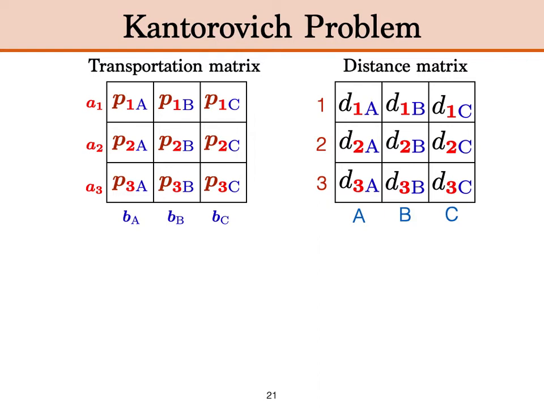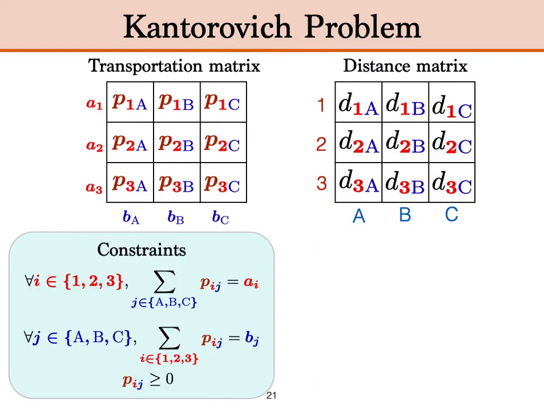That means that the amount of soldiers that I'm going to send to each of the front lines in the row fashion must sum to what is available in that particular barrack. So for every i in 1, 2, 3, the sum on the rows is equal to what is available in the barrack, whereas for every j in A, B, C, meaning every front line, I will need to get exactly what I want. And this is the conservation of mass argument.